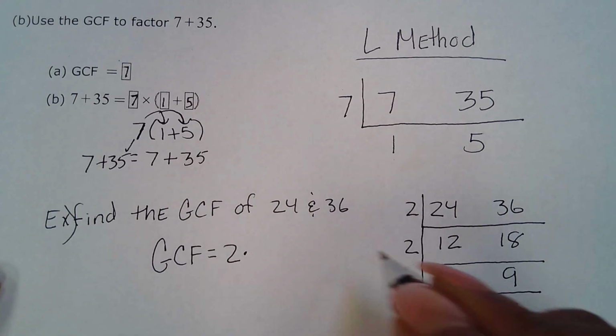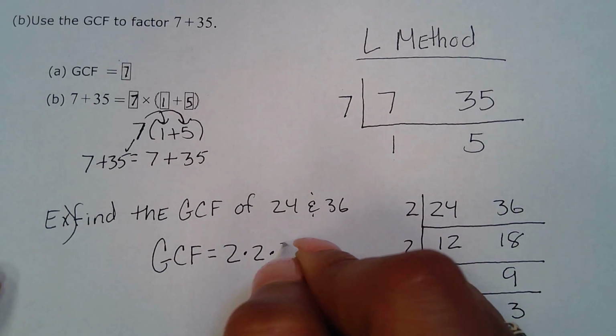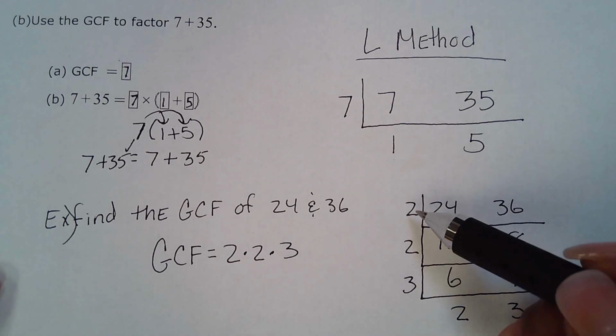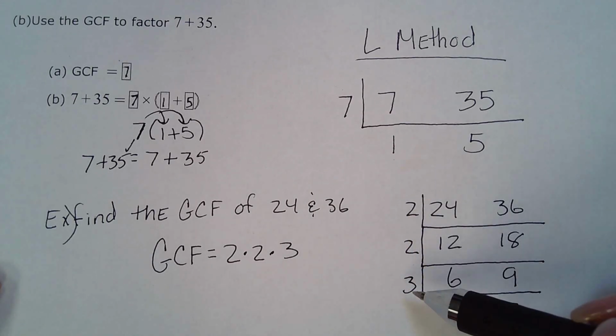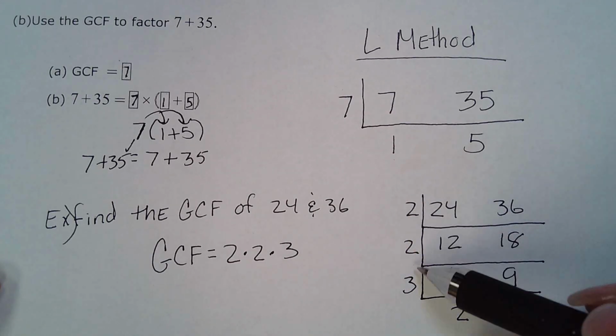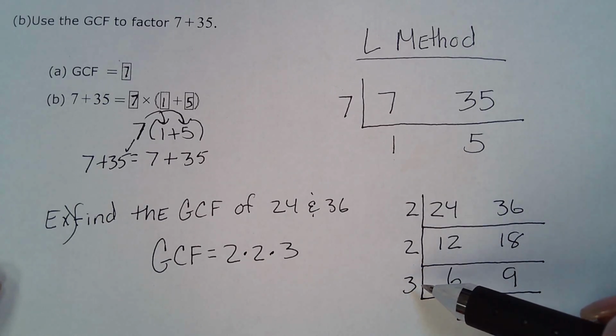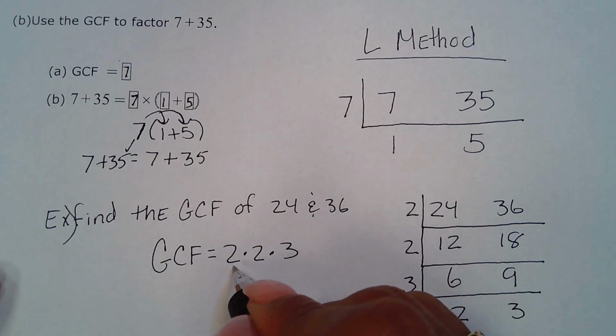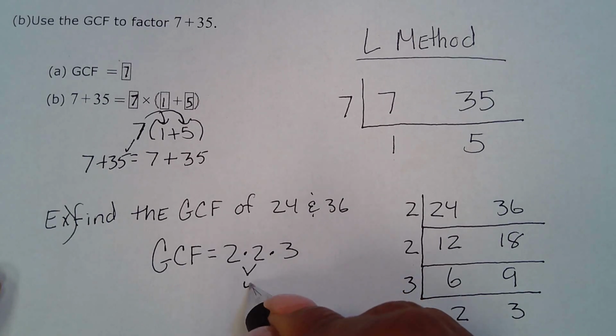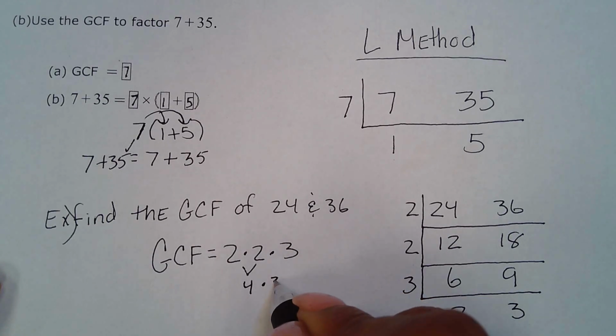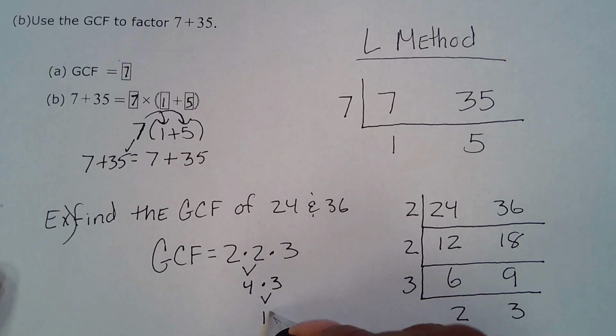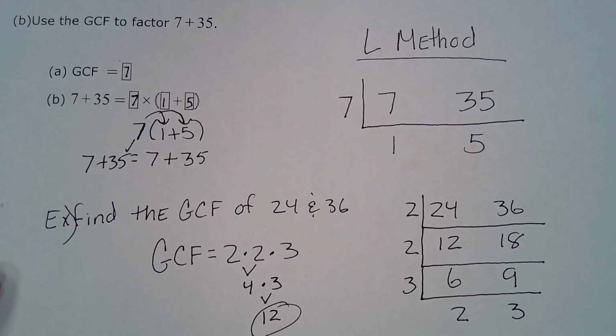So you have 2 times 2 times 3. Only the ones on the left side, not at the bottom. 2 times 2 is 4, and 4 times 3 is 12. So 12 in this case is my GCF.